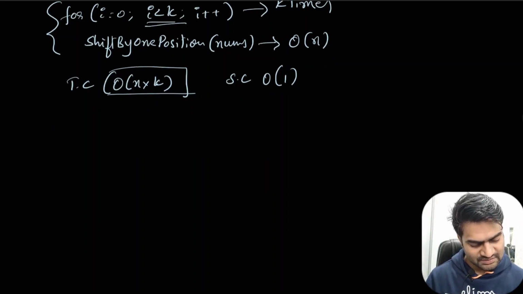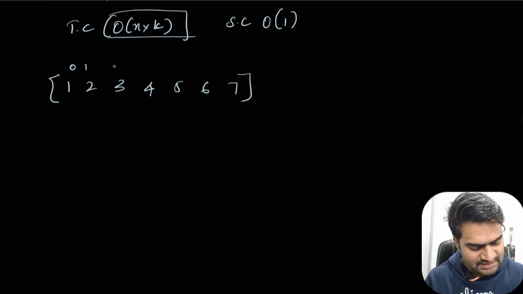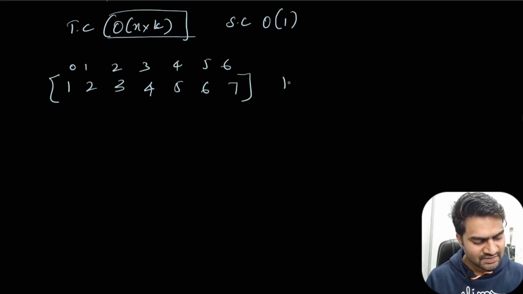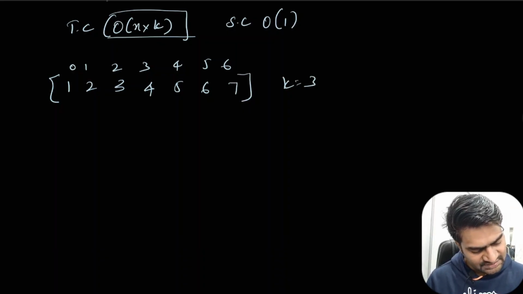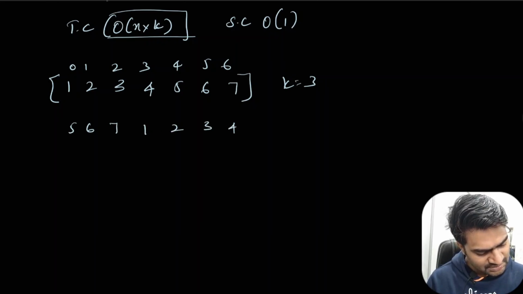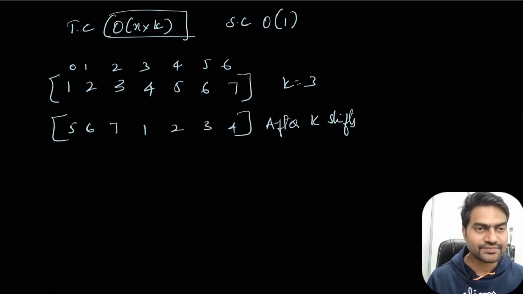So now let us take the example again, and these are the indexes. Okay, now k will be 3. What happens after the shift? After the shifts, it will be 5, 6, 7, 1, 2, 3, 4. This is after k shifts.